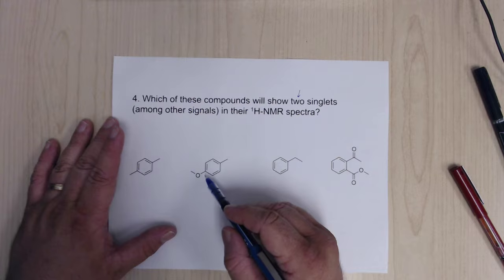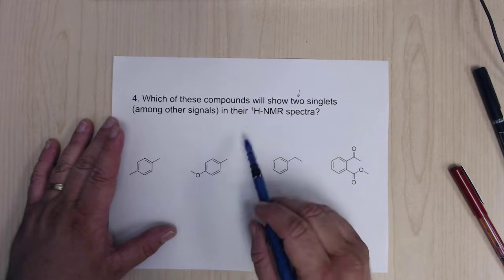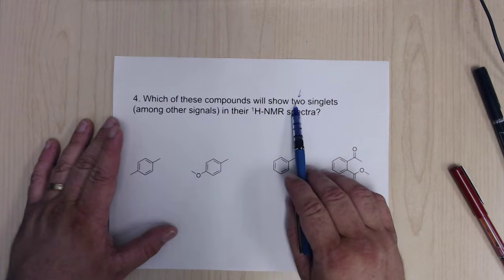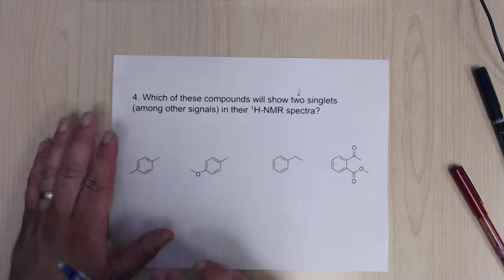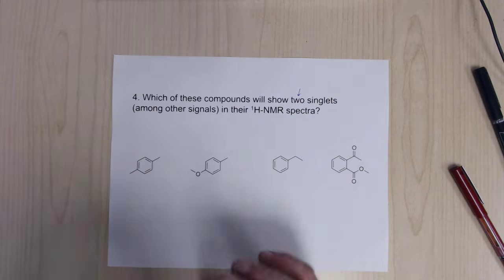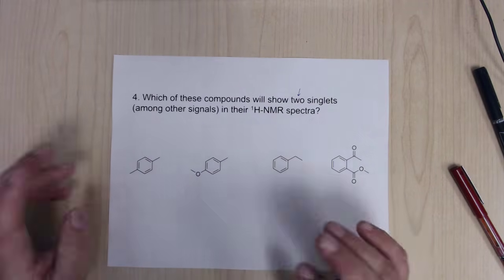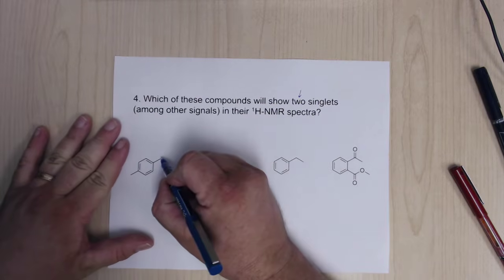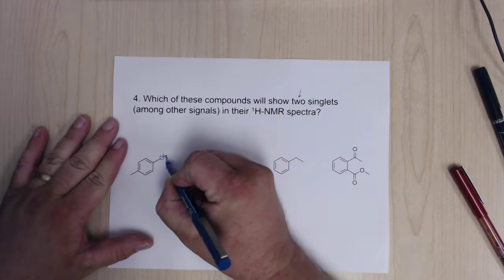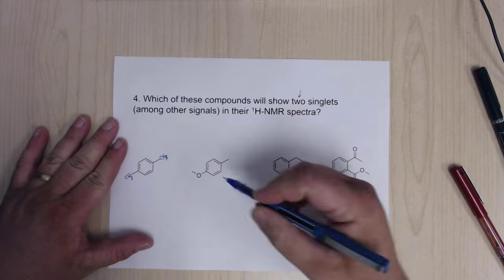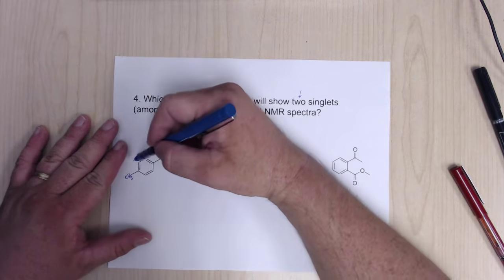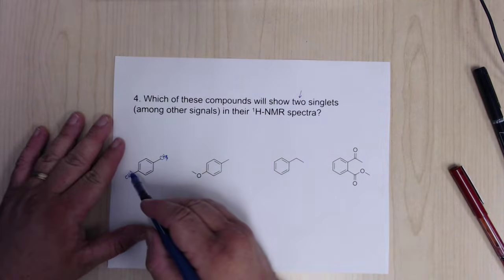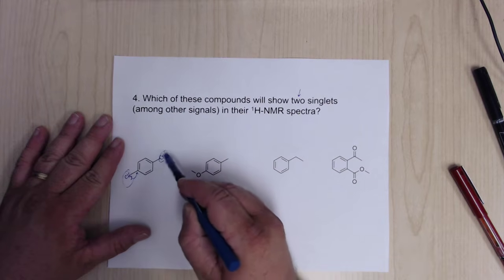So which one of these shows 2 singlets among other signals? It's not 2 singlets total, but it's going to be 2 distinct signals. So you say, well, there's this CH3 here, and there's no neighbors.